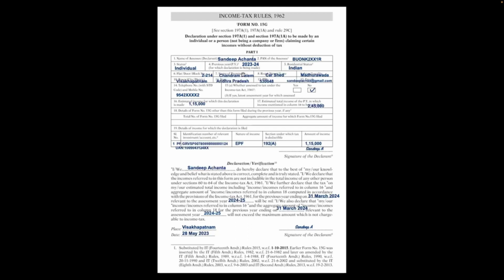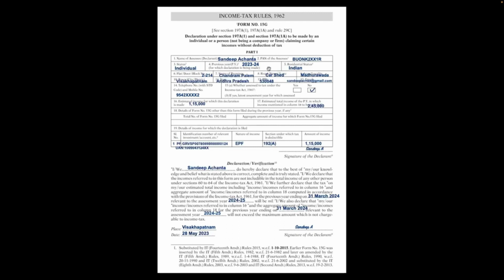That financial year will be 2024 to 2025. If you are watching this video after 31st March 2024, then the financial year will become 2024 to 2025. Like that, every year the financial year will change after 31st March.